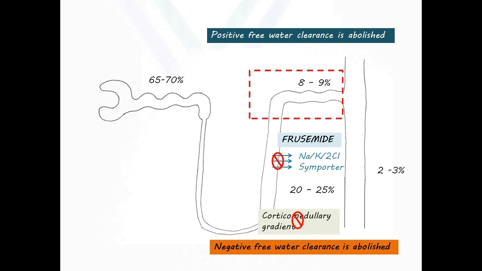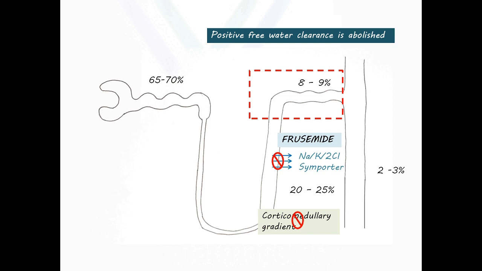Thiazide-like diuretics, which act on the distal convoluted tubule, which is also a diluting segment, would abolish only the positive free water clearance and not the negative free water clearance, because the distal convoluted tubule has no role in maintaining the corticomedullary osmotic gradient.